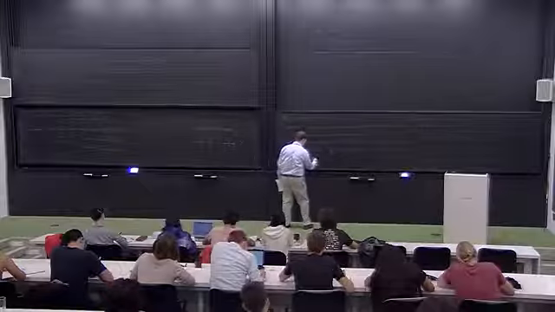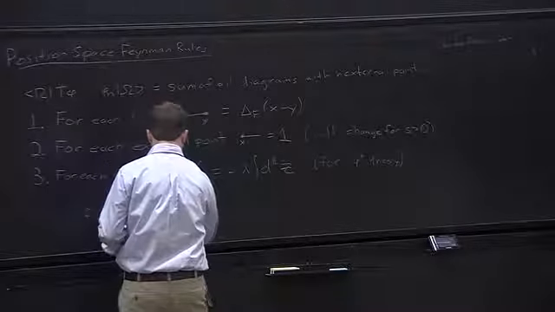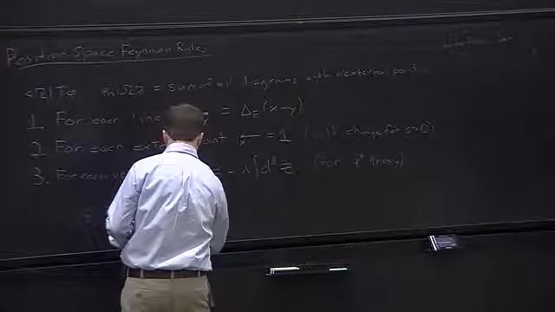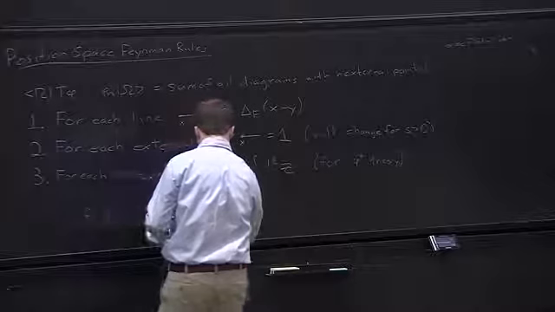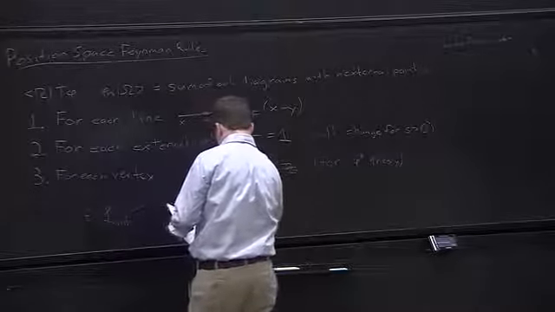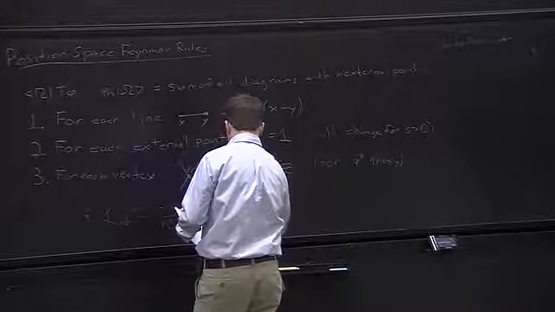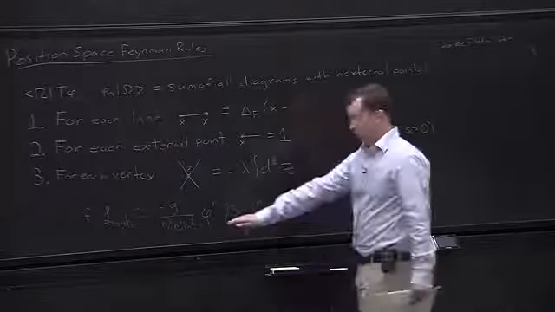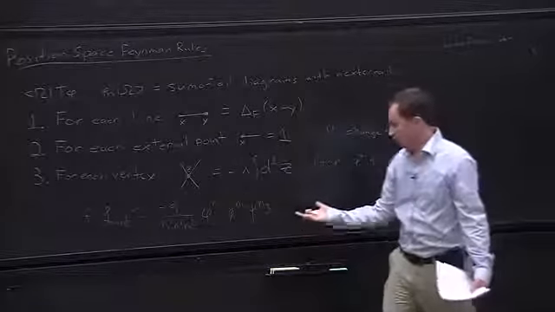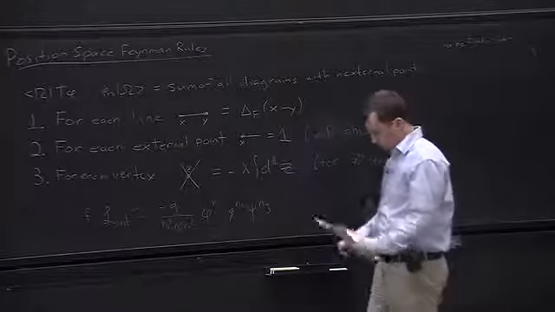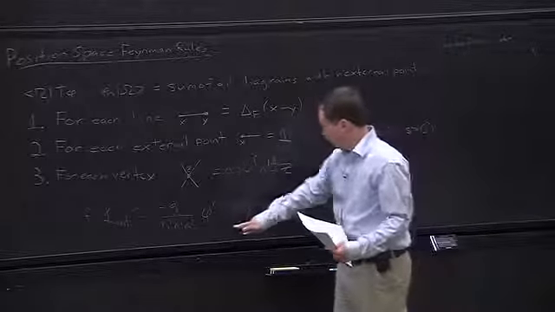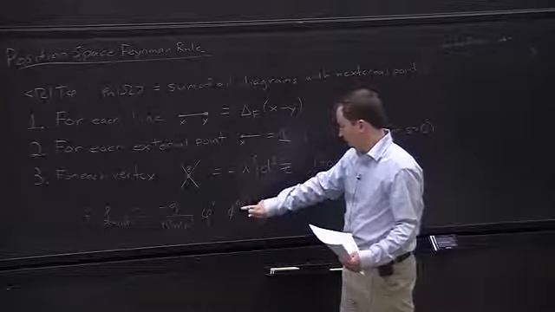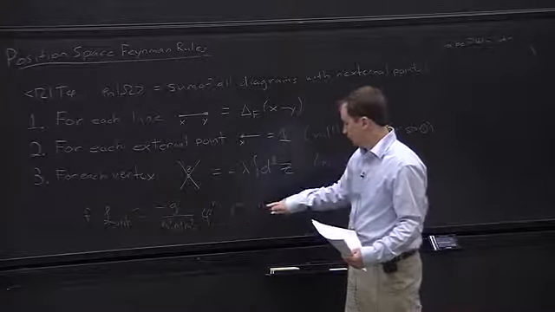We can imagine if our interaction Lagrangian contained a term that was like minus g over n1 factorial, n2 factorial, n3 factorial, times varphi to the n1, phi to the n2, psi to the n3. So 3 different fields, and you can imagine how to generalize it if you had more or only 2. Then you'd have n1 of this type of field meeting at a point with n2 of this type of field and n3 of this type of field.